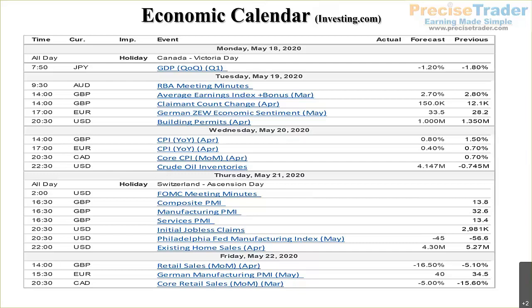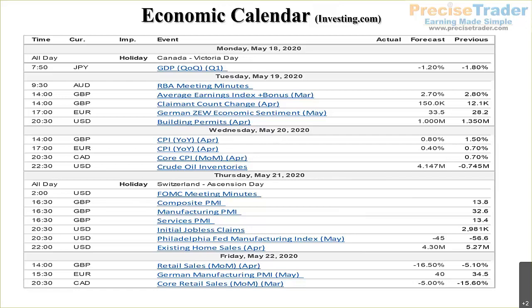Overall, looking at next week's calendar, we feel the pound would be in the limelight irrespective of the data. Sometimes if the data is good, we might get a spike up, but overall the trend is still down, and we expect the pound to push lower.